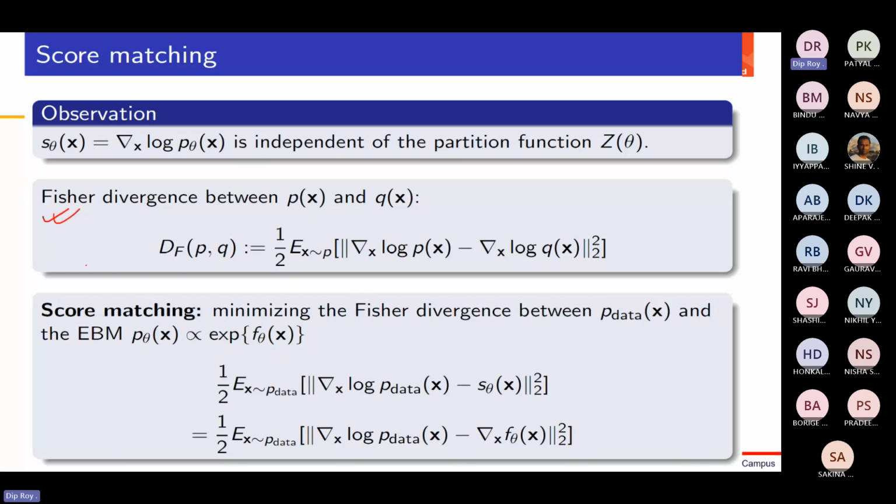Fisher's divergence has this particular form, which is essentially half of the expectation over x from p of the norm of the gradient of x log of p(x) minus the gradient of x log of q(x), squared. Now what it is trying to say is that this is basically nothing but the loss function.